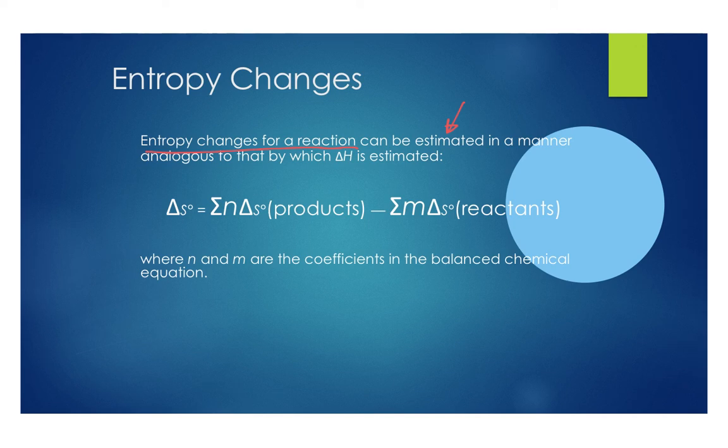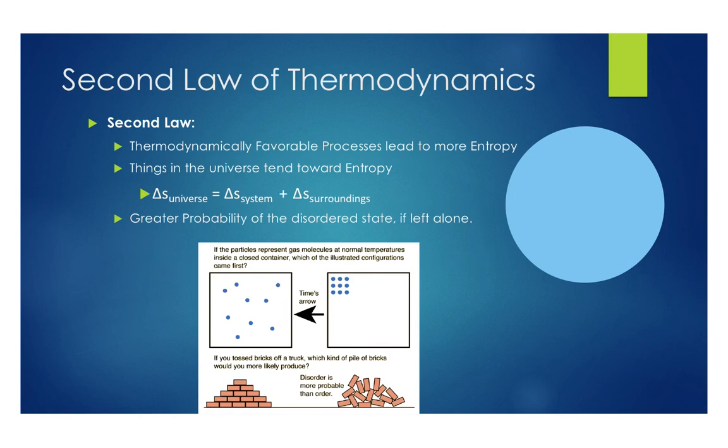The standard enthalpy change of a reaction is calculated by taking the enthalpies of the products multiplied by the coefficients in the balanced equation, and then subtracting the standard enthalpies of the reactants, again times the coefficients. It's just another way of estimating, in this case, the standard entropy.